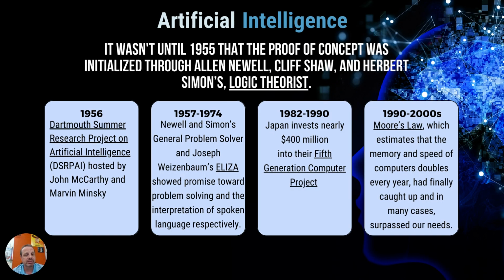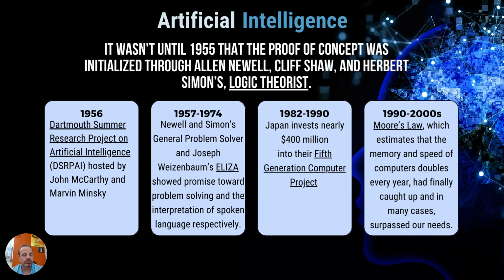In 1956, Dartmouth actually had a summer research project on artificial intelligence. The year after that, we saw Newell and Simon's General Problem Solver, and Joseph Weizenbaum's ELIZA showed promise towards problem solving and the interpretation of the spoken language.